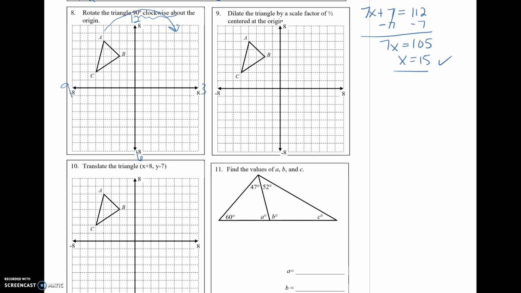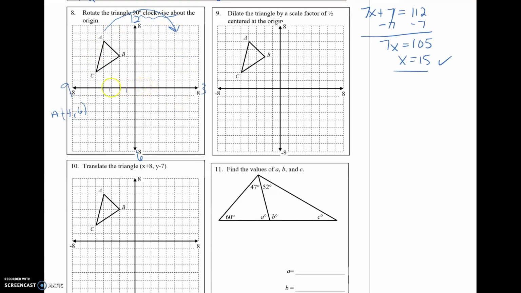But remember, anytime we do a 90-degree rotation, the X and Y values switch places. So if I write down the coordinates of A right now, A is at -4, 6. When I bring it into this quadrant, the X's and Y's are going to switch.